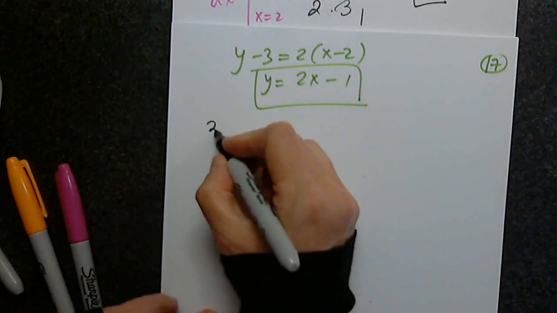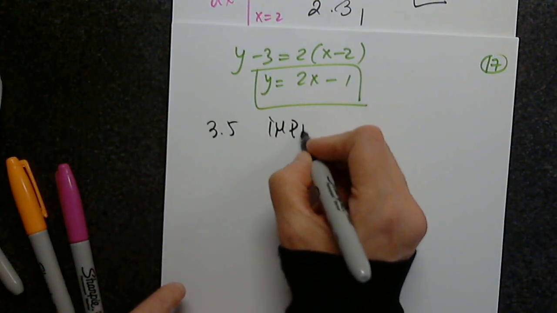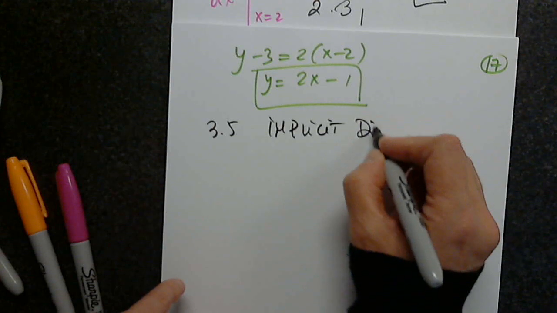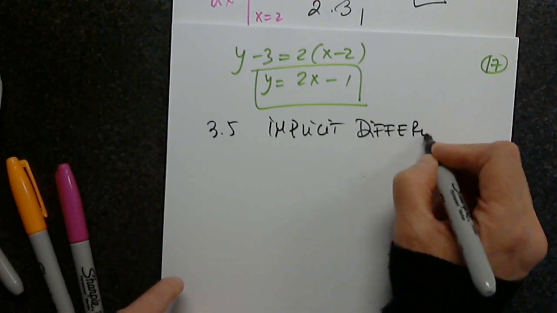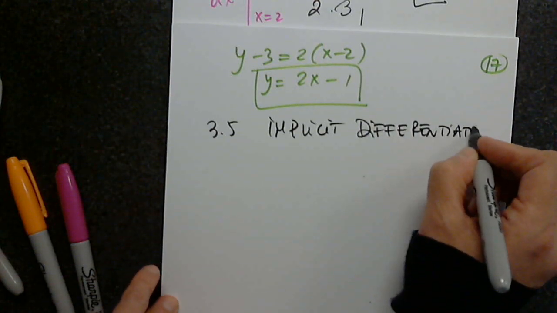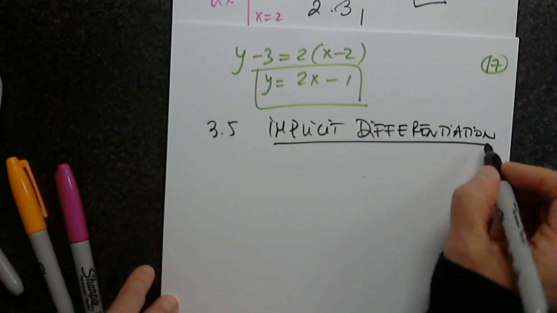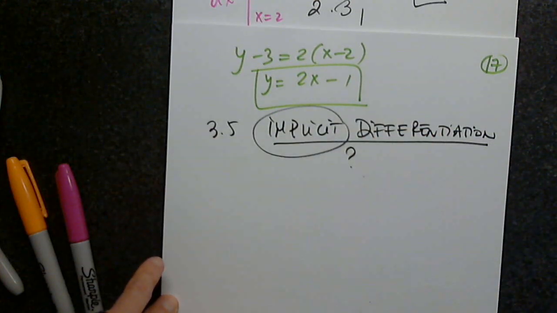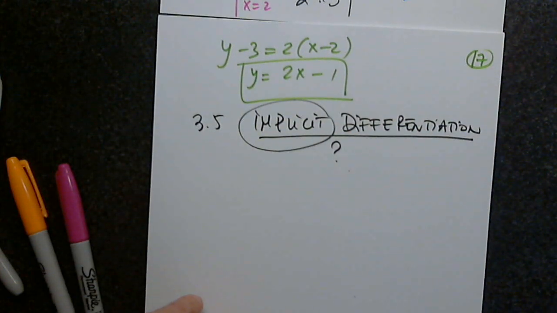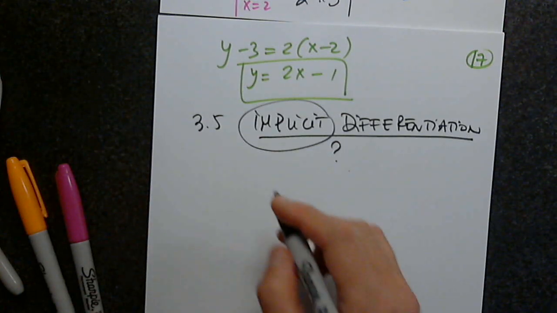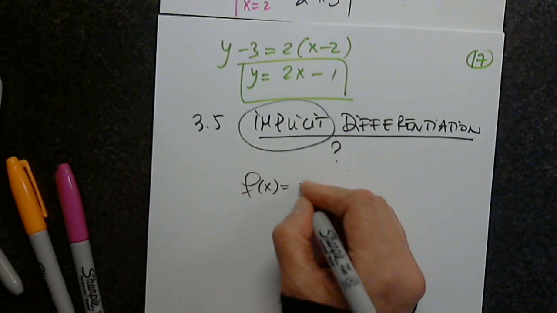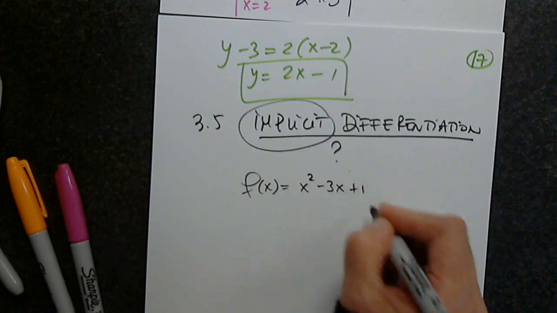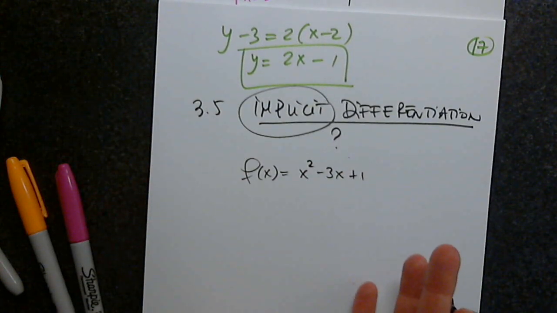So 3.5, implicit differentiation. What's this? Well, if I give you f of x equals x squared minus 3x plus 1, I'm giving you the function.